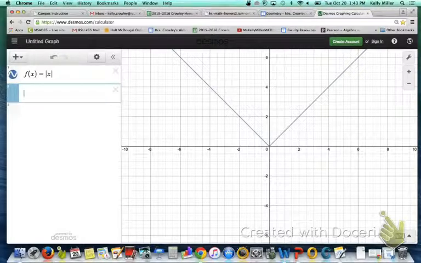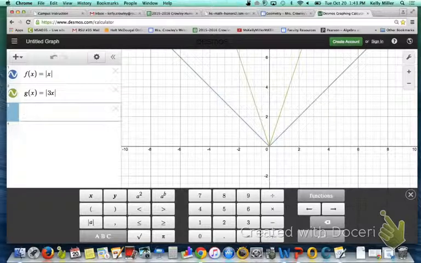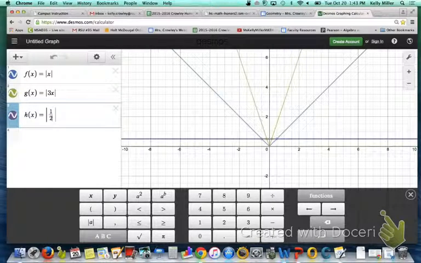Hit enter. Let's make a new function, g of x equals. Now I want to put inside my absolute value, let's do 3x, and h of x equals the absolute value of, let's do 1/2 x.